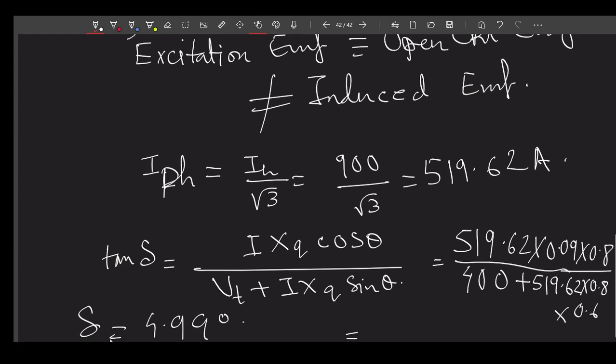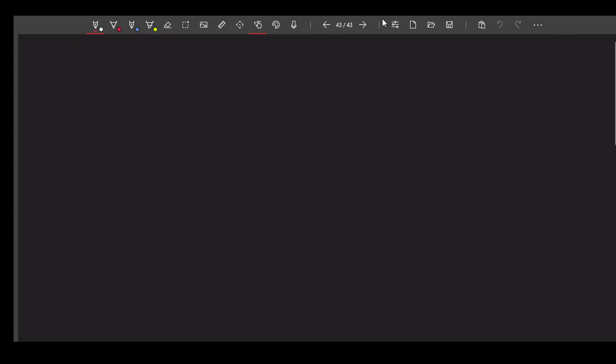Right. So if it is 4.99 degree, then you can figure out Id and Iq. So let us figure out Id and Iq.